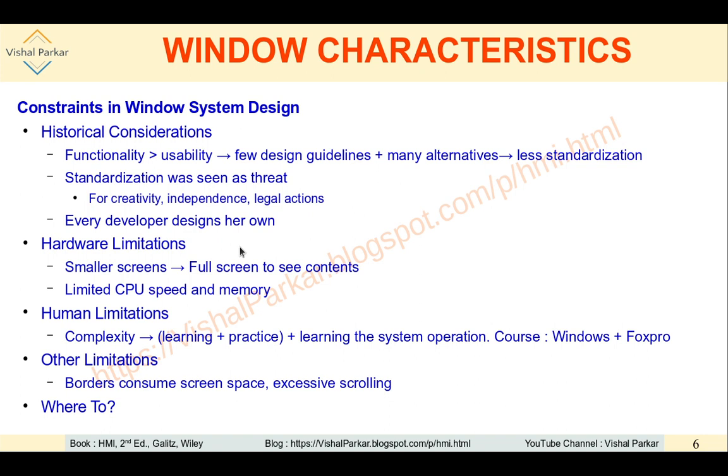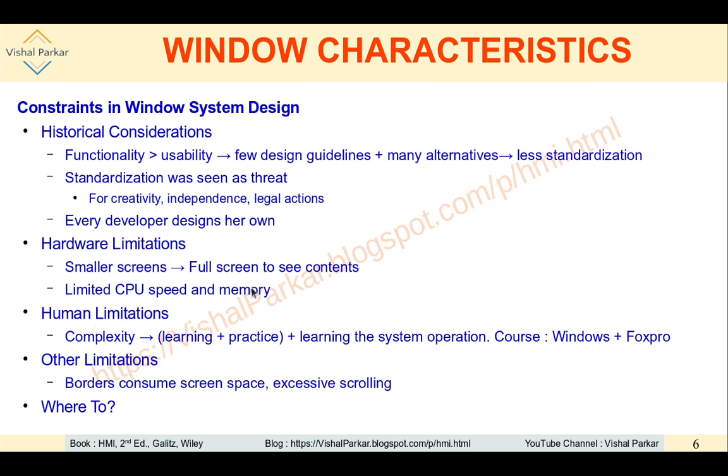One more constraint in Windows system design is the hardware limitation. The first concern is that the screens in the old days were small, and to see the whole contents, you had to always go with the full screen. You have to maximize a window to the full screen, effectively diminishing the purpose of having different windows.